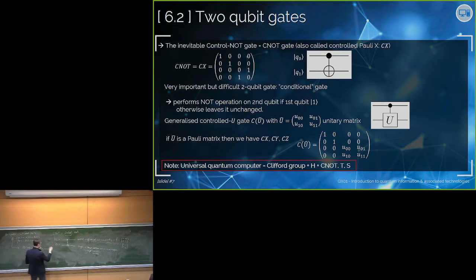And we've seen that I can rewrite this as A00 plus B01 plus C10 plus D11. Okay? In terms of a 4-column vector, it's A, B, C, D. So that's the most general 2-qubit state I can send in.